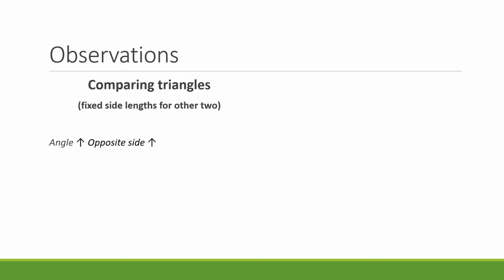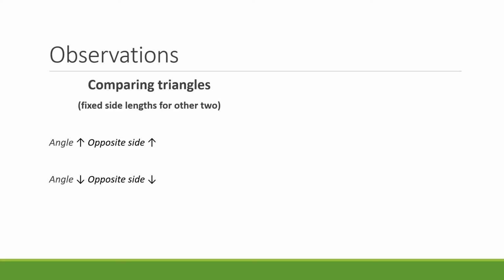So let's make these observations into a neat summary. For many triangles, fixing the side lengths for the other two, when the angle goes up, the opposite side length goes up. And when the angle goes down, so does the length of the opposite side.